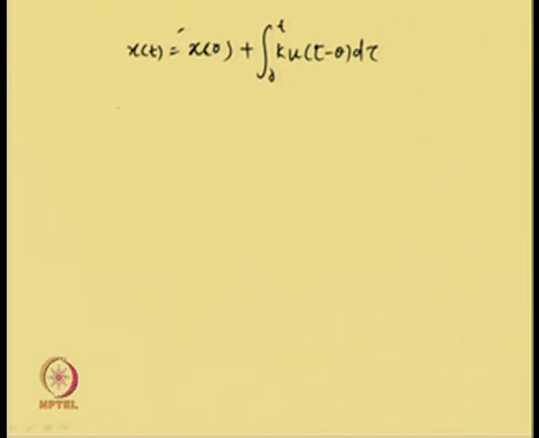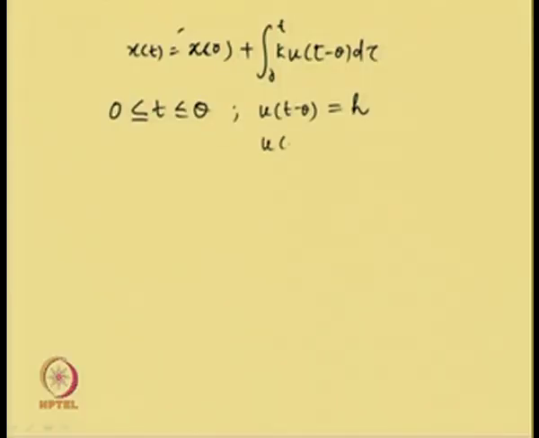Now, for the time range 0 to θ, we know that the input signal u(t - θ) becomes +h when the system is under relay control and the relay setting has amplitudes ±h. Then in this case u(τ - θ) is also h. Changing the variable is not going to change the values, the expression can easily be written in that form.